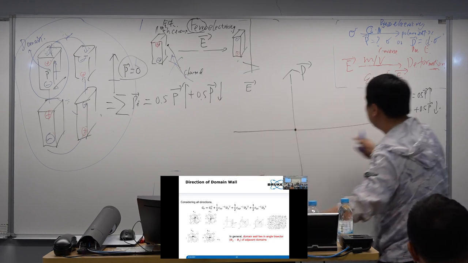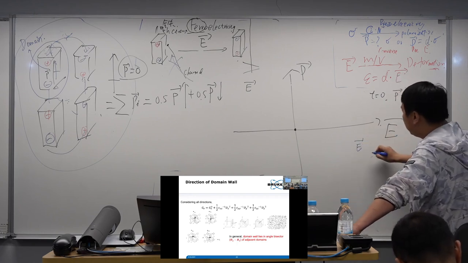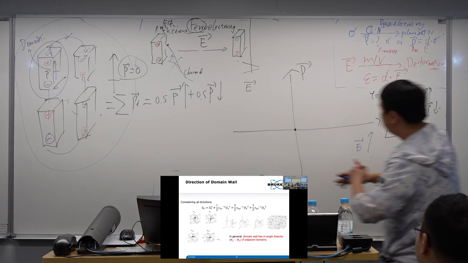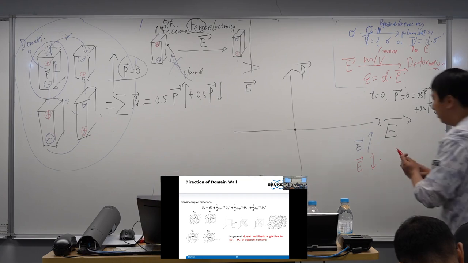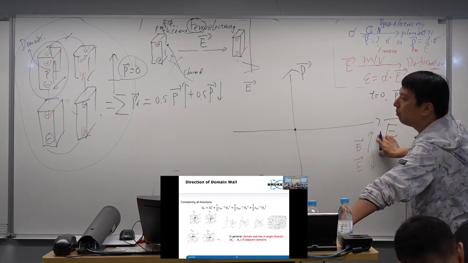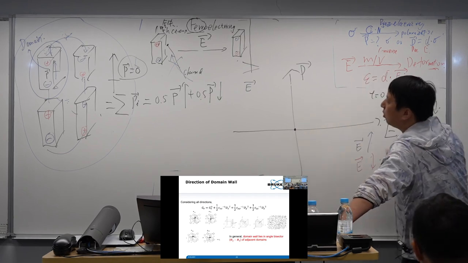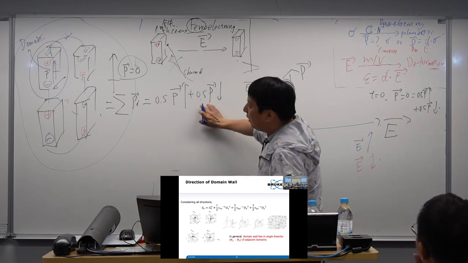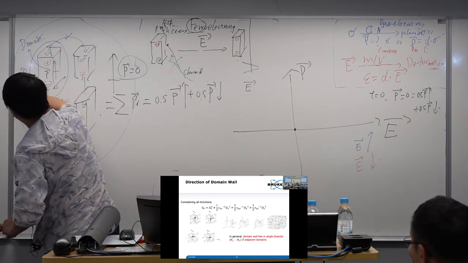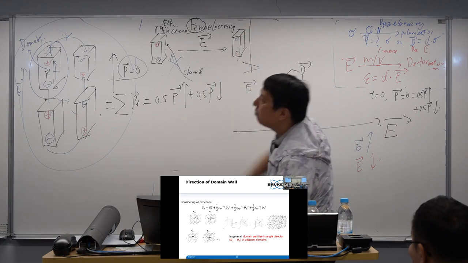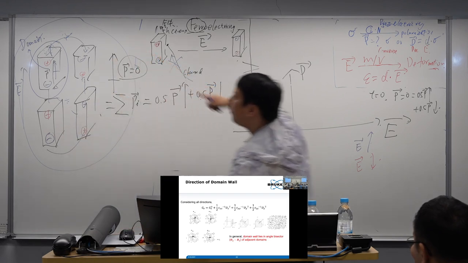I will increase the electric field first. So I use the blue to mean I increase the electric field, and the red means reduce the electric field. Okay, so when I increase the electric field from here, I would imagine those facing down polarization domains, if I apply a facing up electric field, I will change those facing down to facing up.